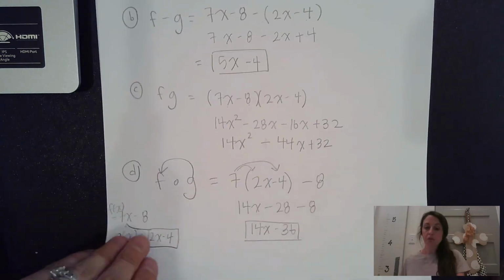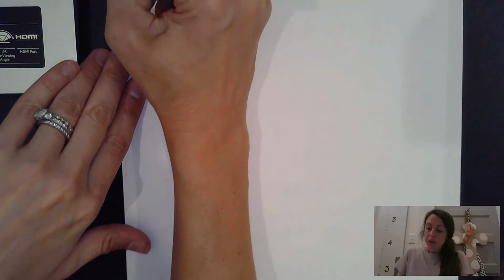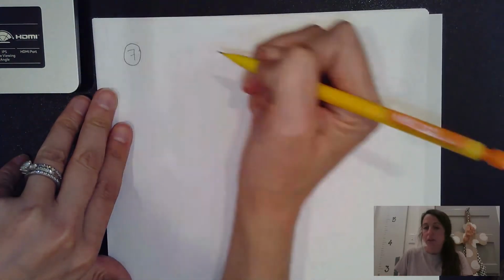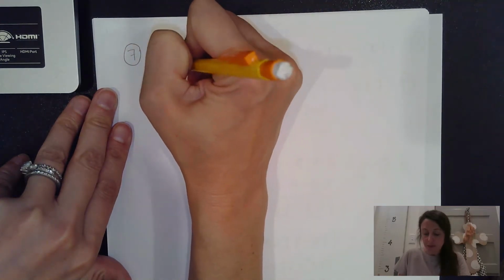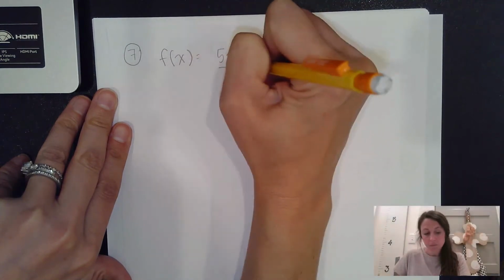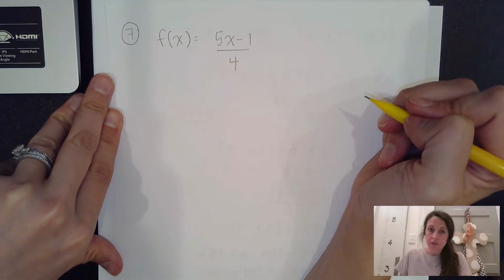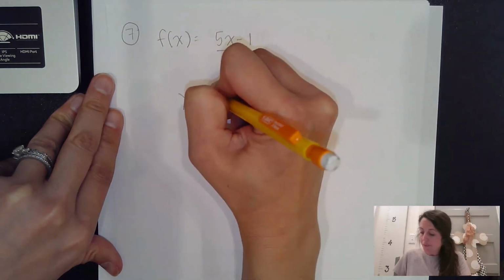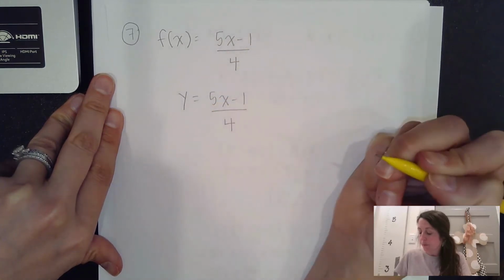All right, we also, for functions, we talked about being one-to-one. So if you are one-to-one, then you are going to have an inverse. If I wanted to find the inverse of this function, then remember we're going to say y equals 5x minus 1 over 4.